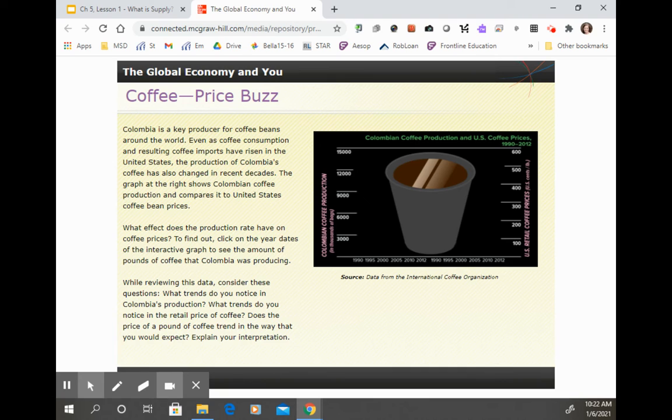Okay, so Colombian coffee production and US coffee prices. So what this is showing, sorry, you guys at home can't see that, is that as the production of coffee in Colombia has increased, what's happened to the prices in America?